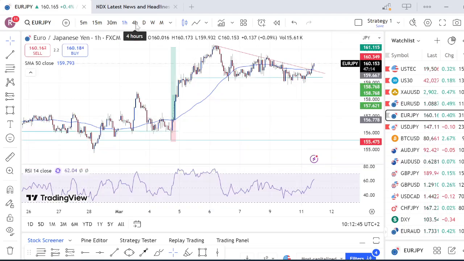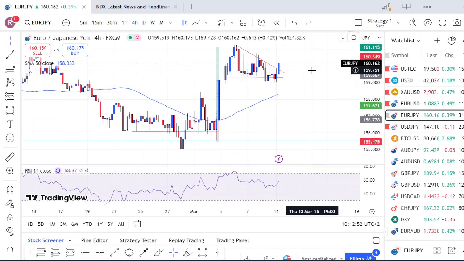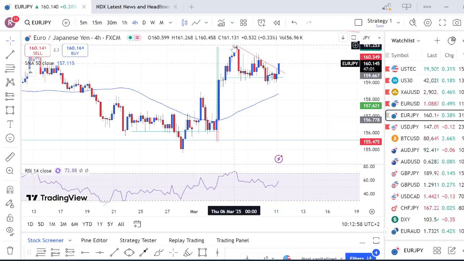Moving on to Euro JPY, as I mentioned in the weekly flows, this market's directionality has not been confirmed yet. We did see a triangle forming yesterday upon the support and the bearish trend line.